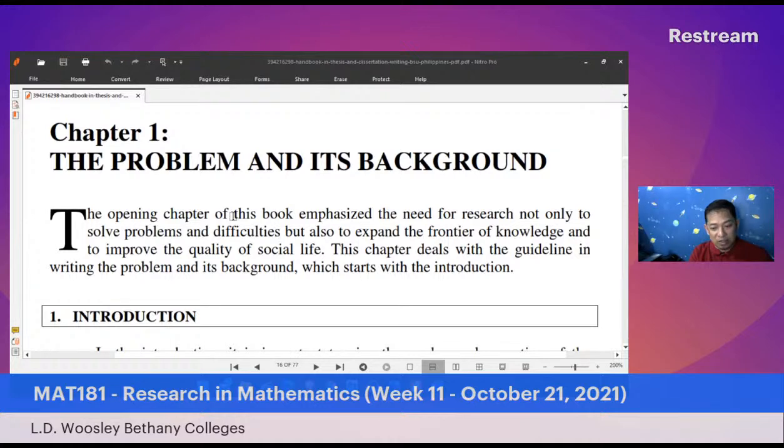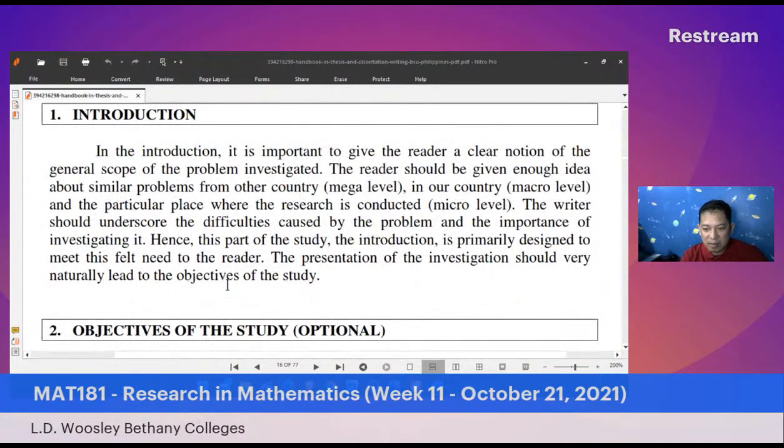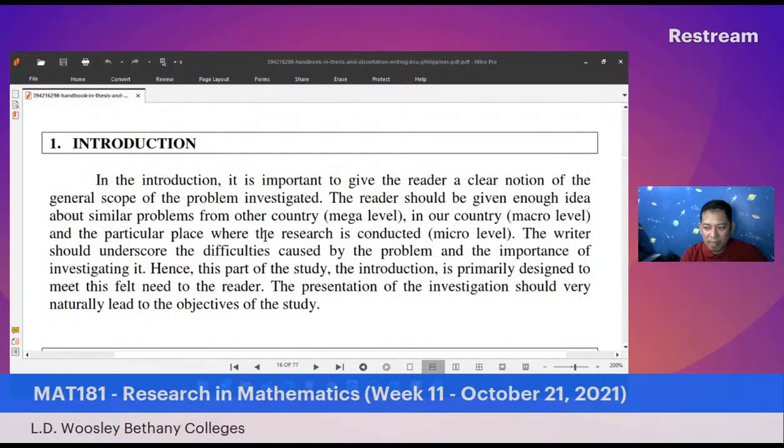So there must be a good introduction. There must be some levels as far as what to expect by the reader is concerned. So it's important to give the reader a clear notion of the general scope of the problem investigated. So the problem has or should have a scope.